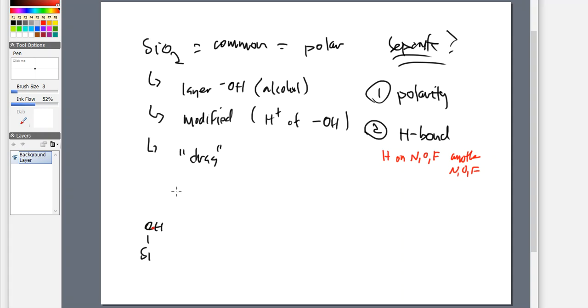Now, what this means is that let's say I get a component, and that component has another, I don't know, oxygen, right? So let's just say an OH group on that one as well. And I'm just going to do an R for something random. It can be anything random. So this hydrogen is attracted to that oxygen. There is a bond present, but that oxygen is very, very greedy.